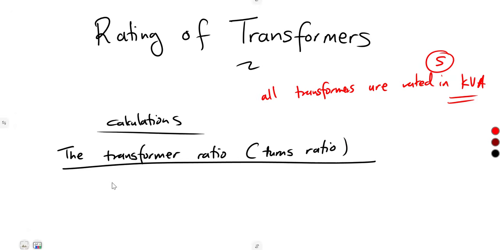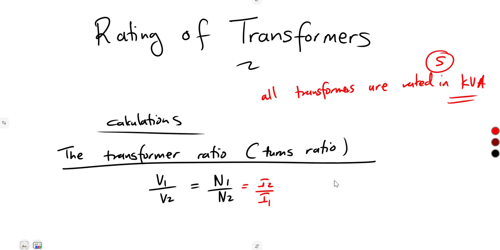All right, so the transformer ratio is taken from the voltages. V1 over V2 is supposed to give us N1 over N2. That is our turns ratio. When we are given current, that's I2 over I1 from the currents, where V1 is the primary and V2 the secondary.